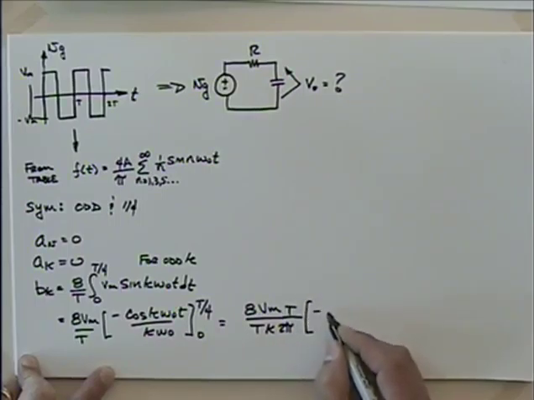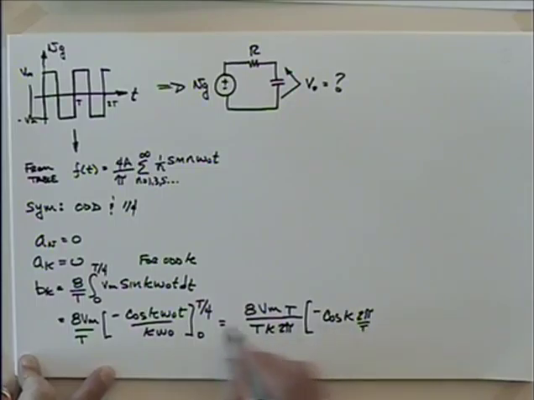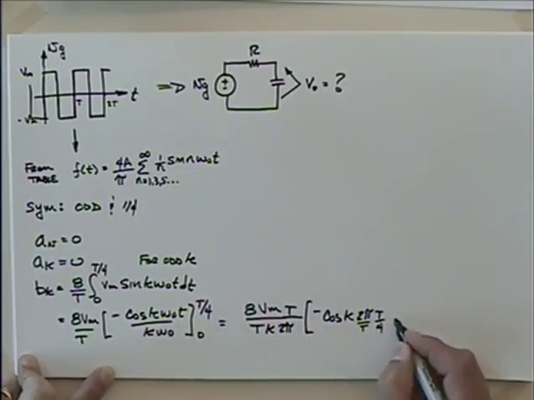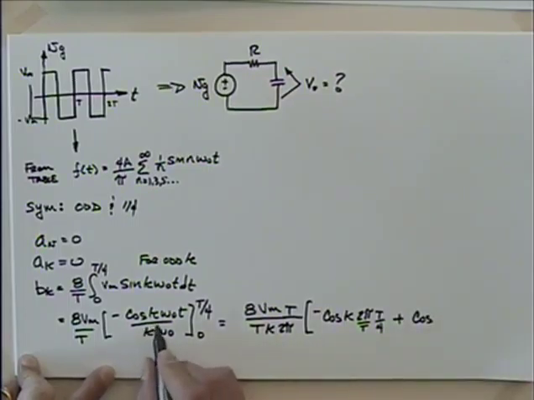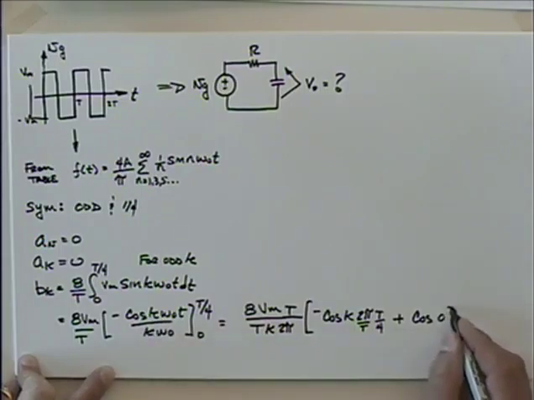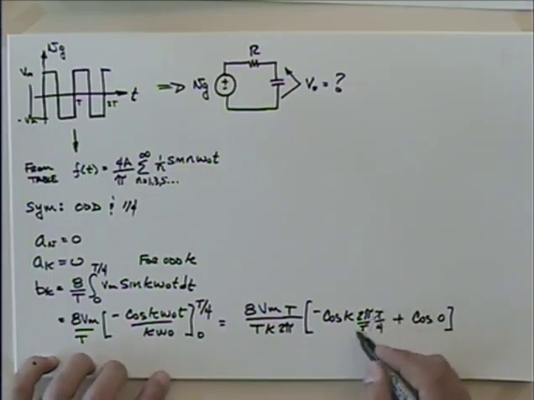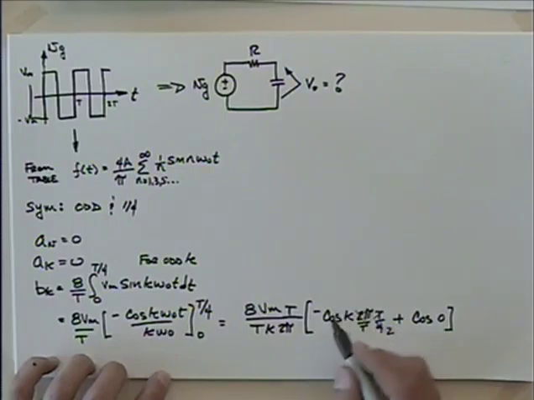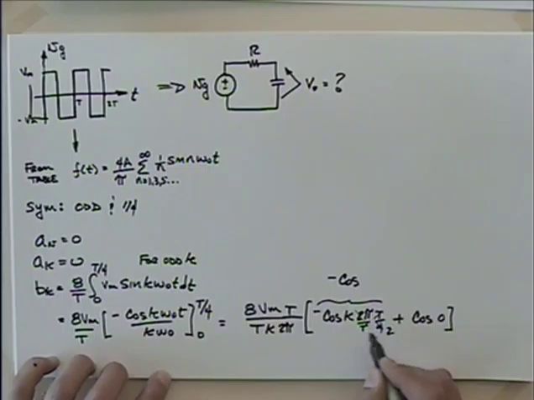And then I've got minus the cosine of k times 2 pi over T times T over 4, minus a minus is a positive, the cosine of 0, right? So I get to cancel those. I get to cancel that with all of those. So I'm left here with minus cosine of k pi over 2, right?